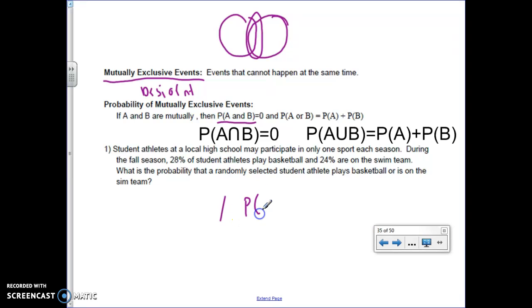So we're taking event A, which is basketball, and B, which is swim team, and adding those two probabilities together.